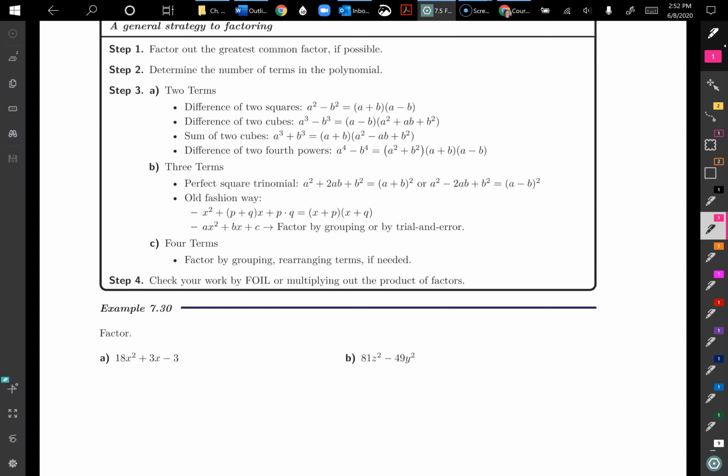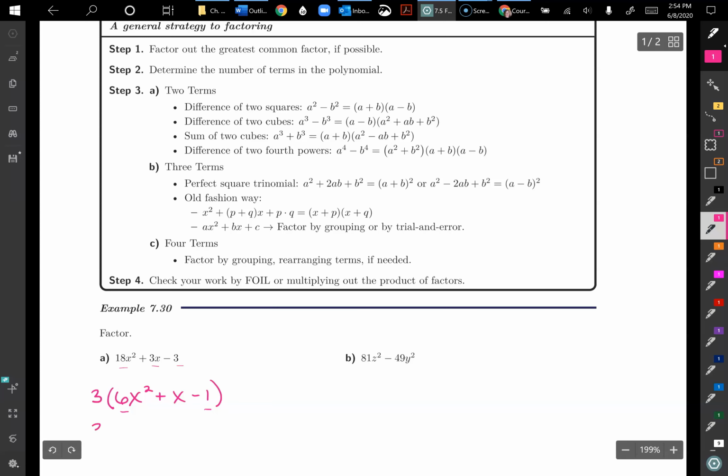So we're going to look at all 3 terms here and see if there's anything common, which there is. There's a 3, so we're going to factor that out. So I get 3 times quantity 6x squared plus x minus 1. Now we're going to see if we can find any further factoring.